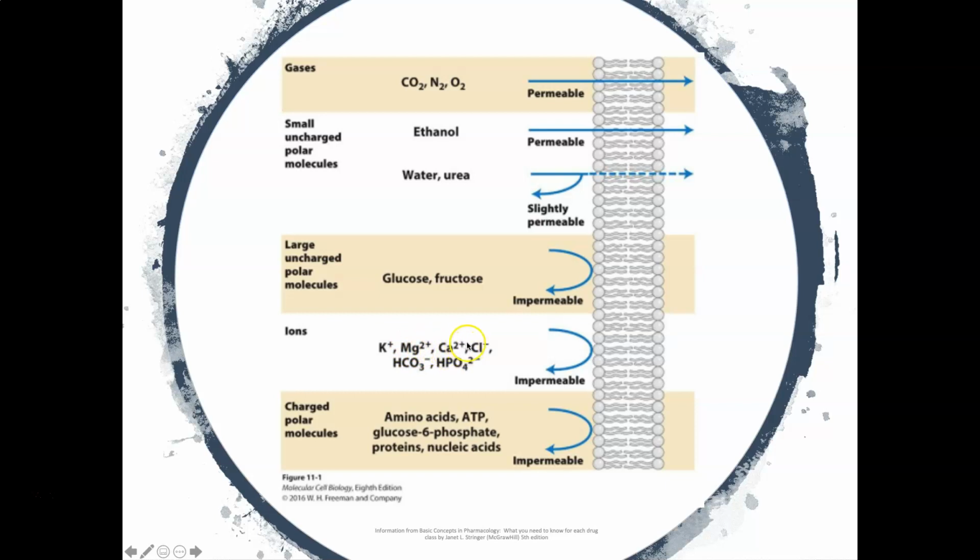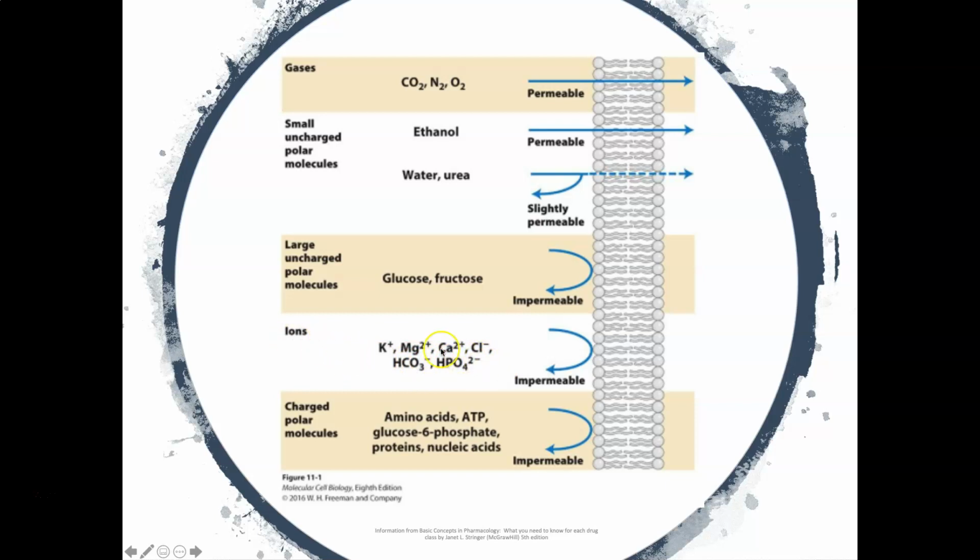Again, you've got that plus. It is a positively charged ion. Cl-, chlorine or chloride, that is negative. That has a negative charge to it. And then you see HCO3-, HPO4 2-, and you've got all of those, and those are negative.